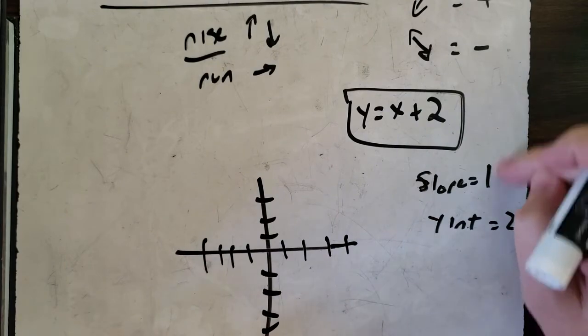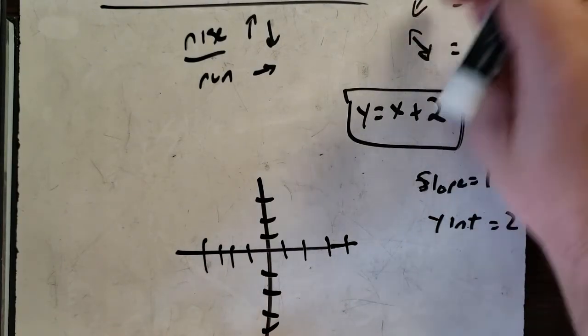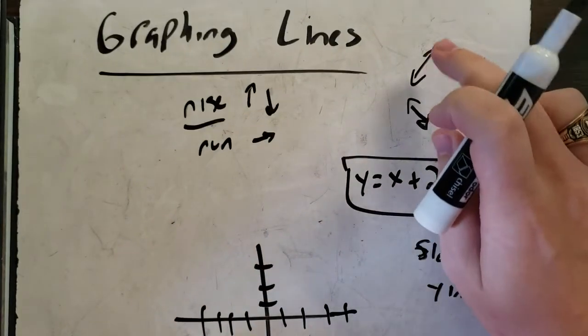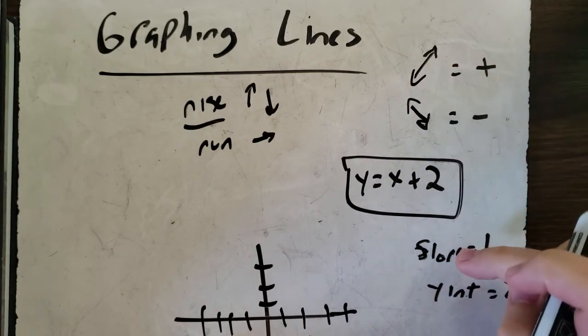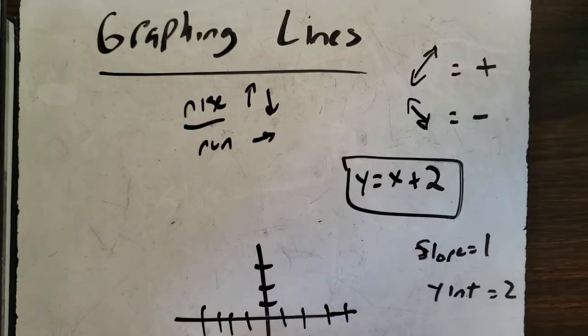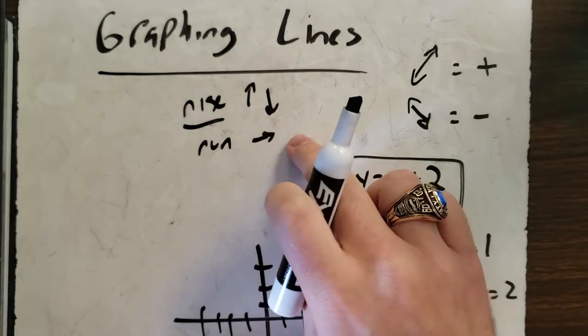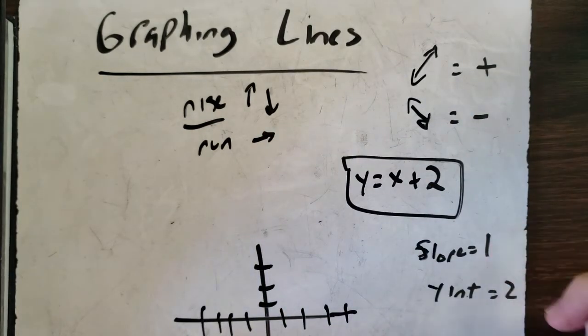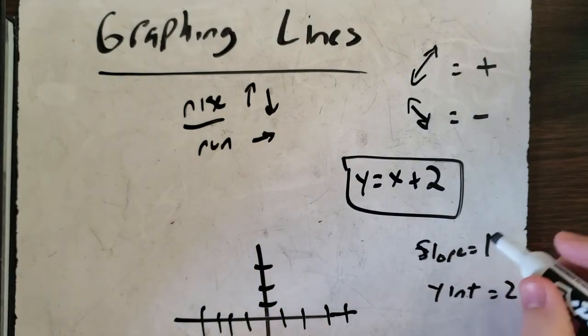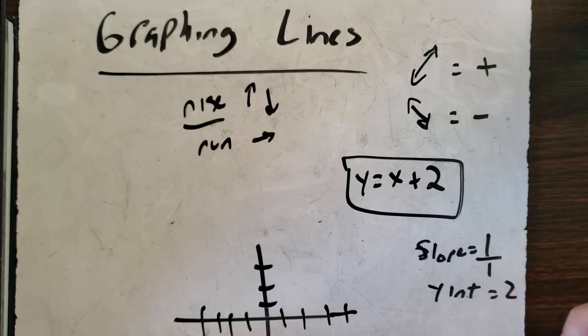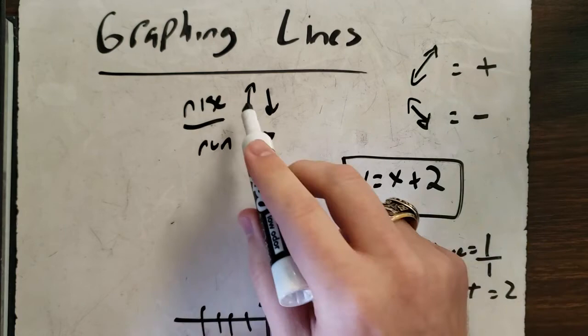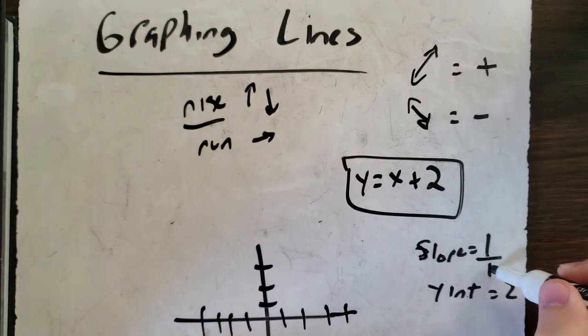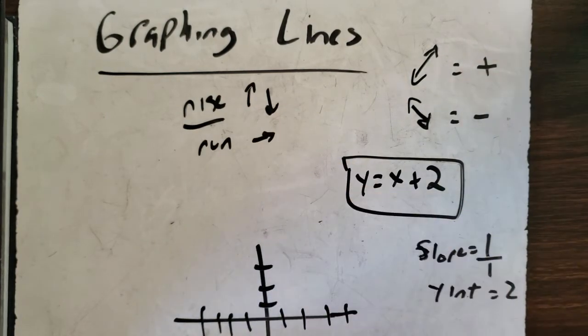First of all, our slope is positive, which means our line should look like this. Now our rise over run. Because it's just 1 by itself, it's going to be over 1, right? Any number by itself is over 1. So our rise is 1, and our run is 1.